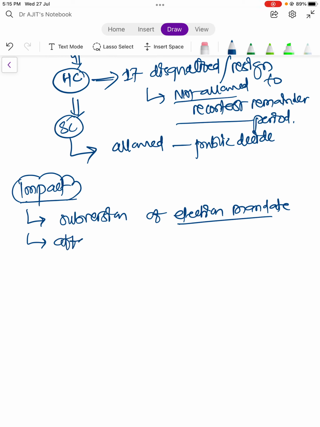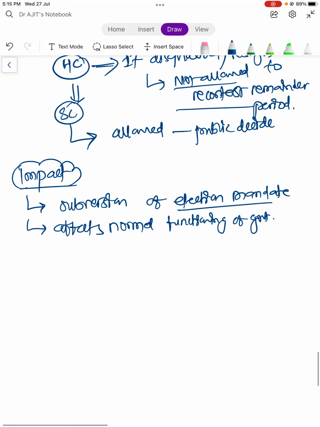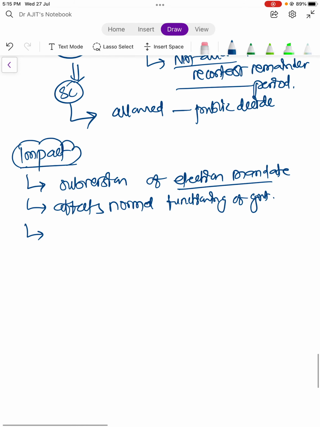Then it affects the normal functioning of government. In the case of Maharashtra now, there are only 2 ministers. There is a cabinet without ministers. Then it promotes horse trading. And this might lead to corruption.